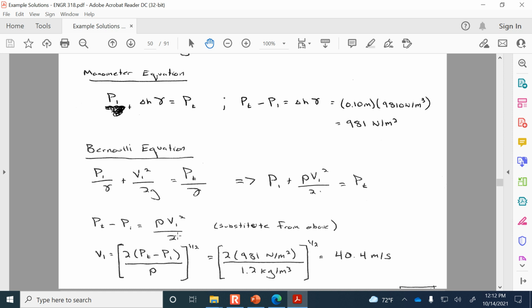the velocity at 1 is 40.4 meters per second. So at first glance, it wouldn't have been obvious that you could find the absolute velocity at 1 when there was so much we didn't know. We didn't know the diameters. We didn't know the velocity at 2 or 1.